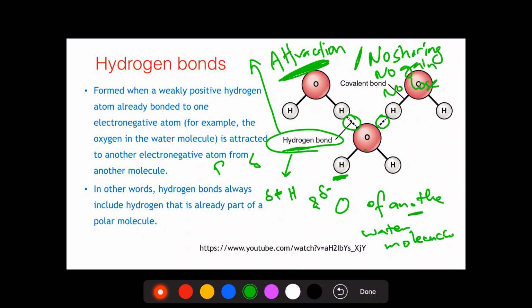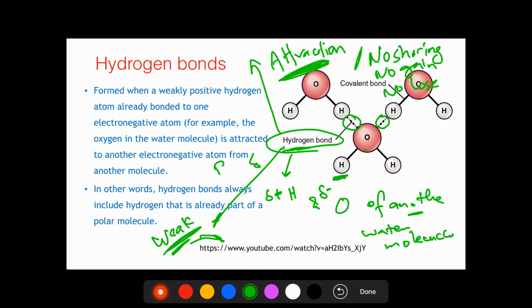It's just attraction between the slight positive and slight negative. And therefore, these hydrogen bonds are super weak. These are extremely weak bonds that are constantly broken and reformed. The second they break, the second they form, constantly.